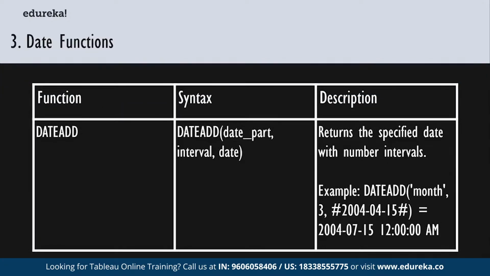Now, the date add returns a specified date with the specified number interval added to a specified date part of that date. For example, if I put in month as the date part, 3 as the interval, and a date as the date, this expression would add 3 months to the date 15th of April 2004.